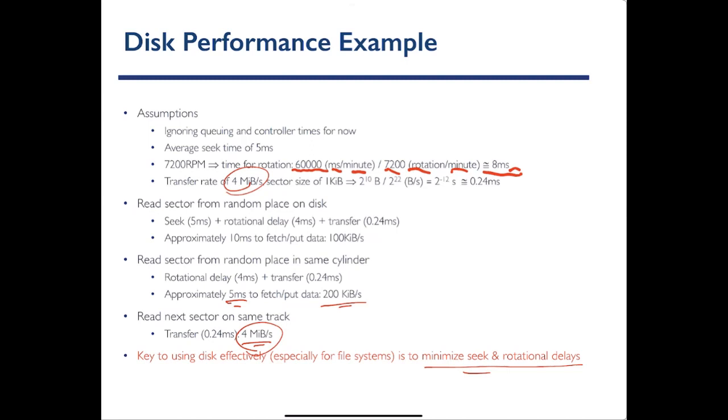So that's why a lot of effort has gone into really optimizing data placement on the disk and control design for disks to do smart scheduling of requests, which we'll talk about in the next lecture on Thursday.